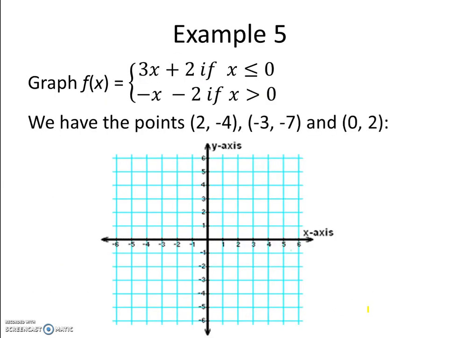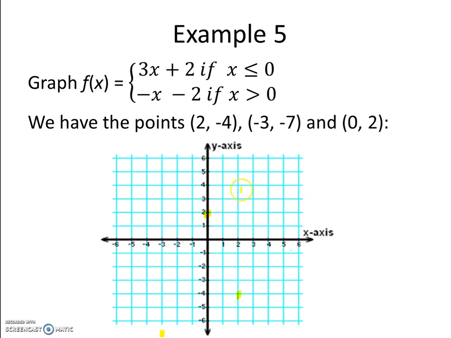Now we want to graph that piecewise function. So we have some points. We have 2, -4, which is right about here. We have -3, -7. -3, -7 is slightly off the chart, but it would be about there. 0, 2 is right here.